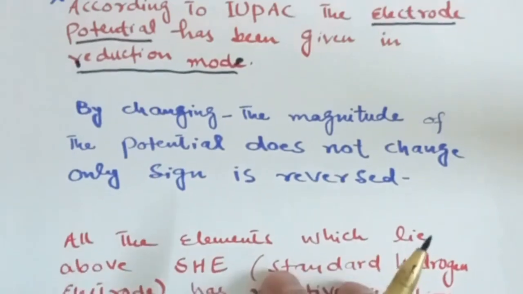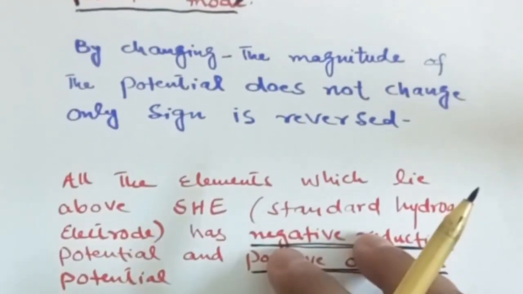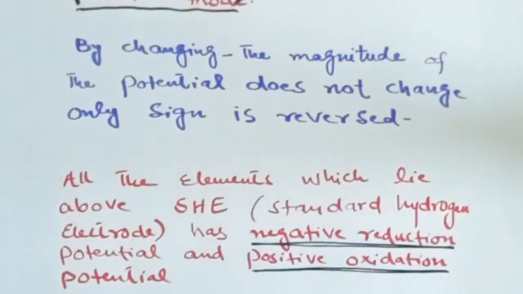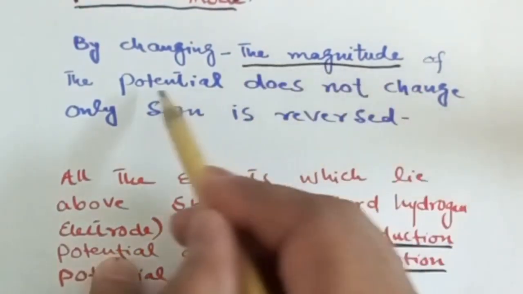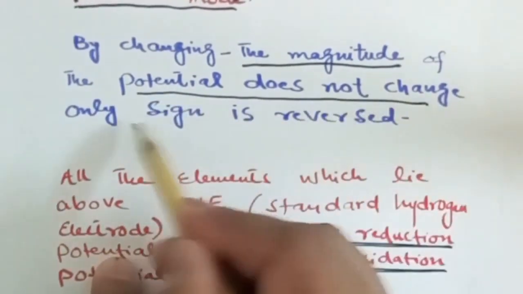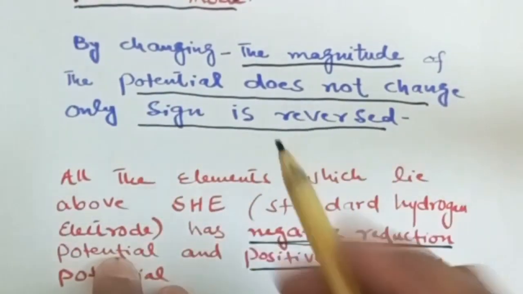Now if we change the mode of the electrode potential, the magnitude does not change. The magnitude remains the same, but only the sign is reversed.